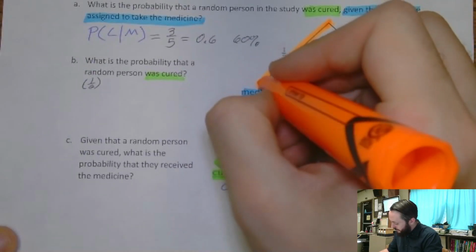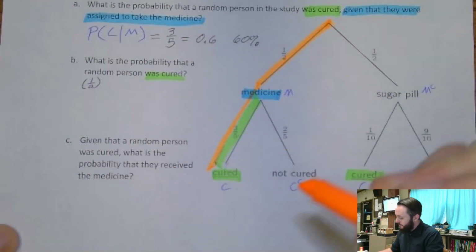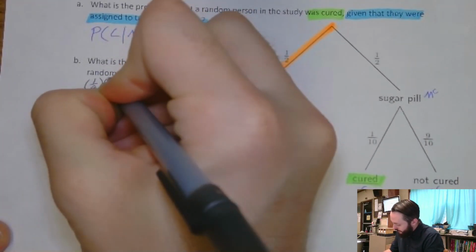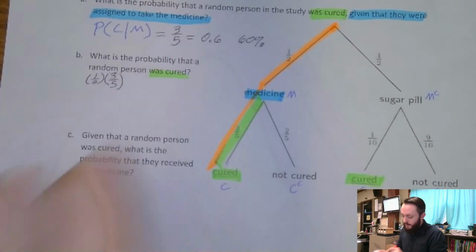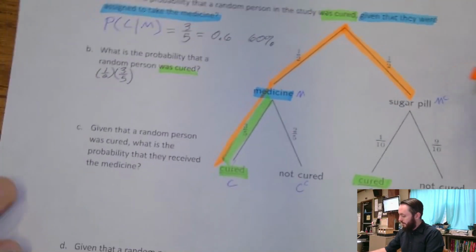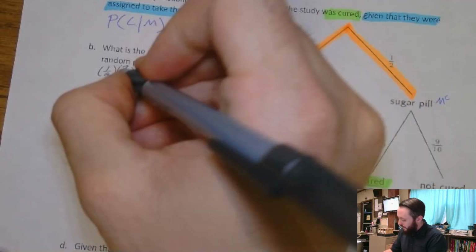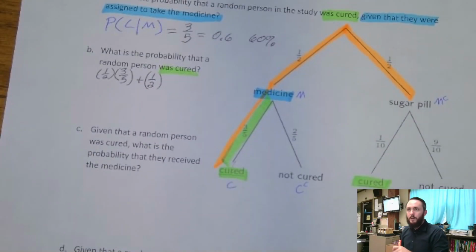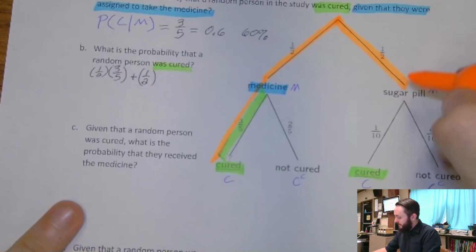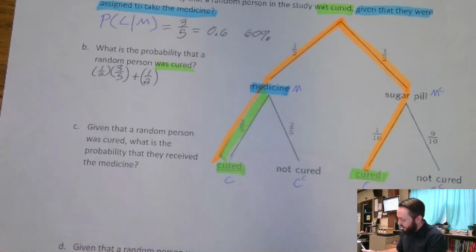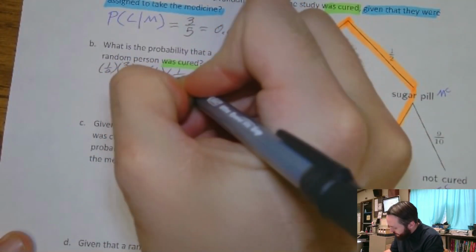And then through medicine to the end, to this cured here. So times 3/5. And now we are jumping a branch. So we're going this way. So that's going to be a plus another 1/2, because that's the probability there. And now we are going this way, 1/10. There we go.